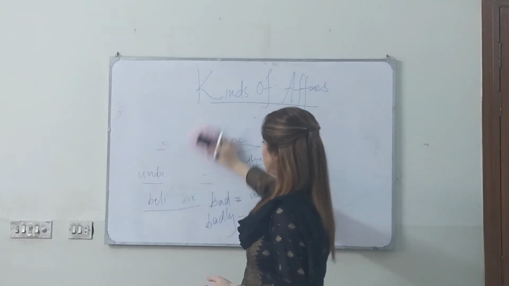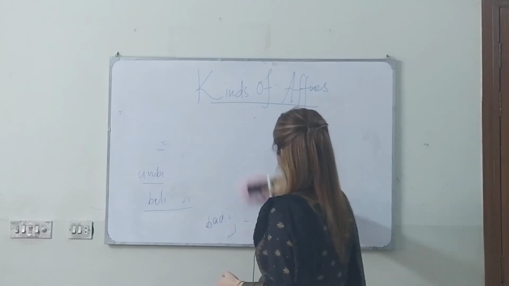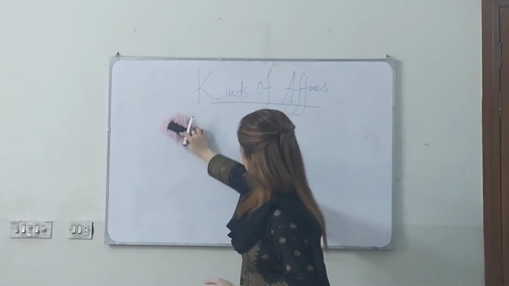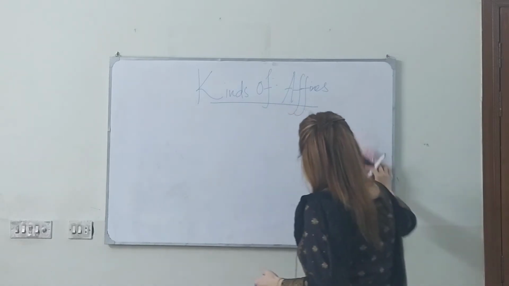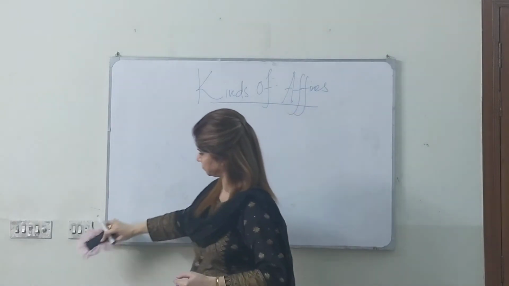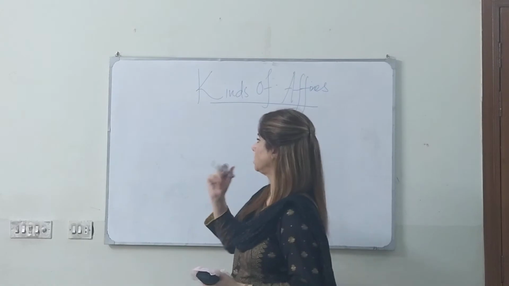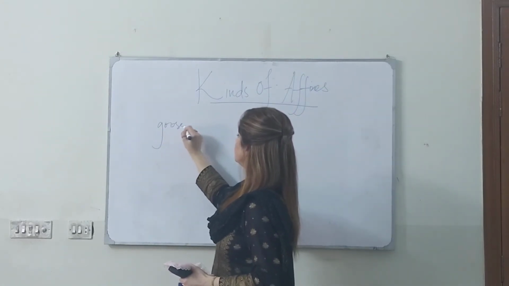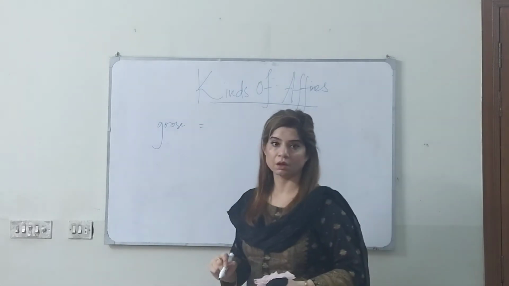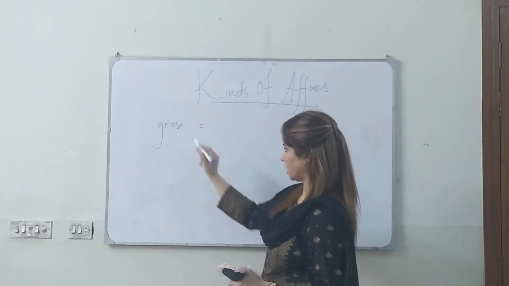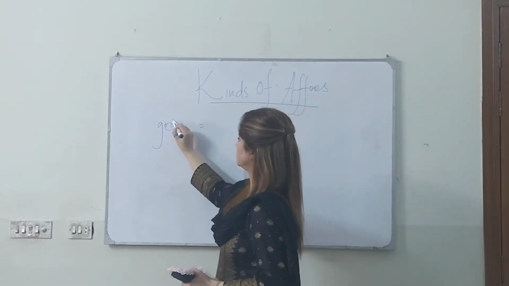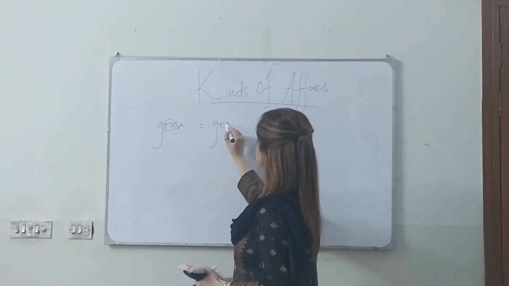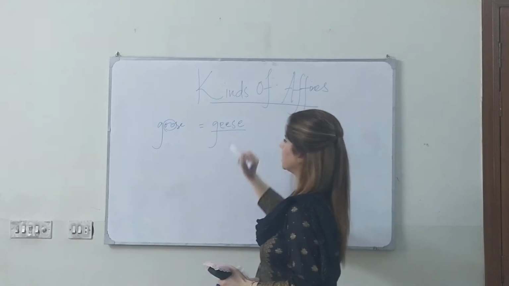Affixes vary in different respects, in different aspects. This is the most simple definition. Now if I say the word goose, and if I change the central morpheme to make it plural, what will it become?